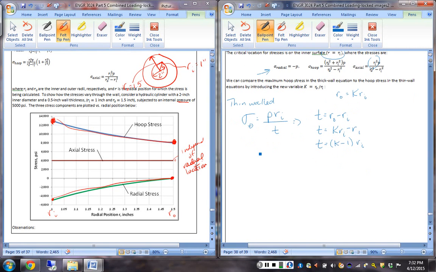Okay, taking that back into our expression for the hoop stress, we have the pressure times the inner radius over K minus 1 times the inner radius. Inner radius cancels, and we have that the hoop stress is the pressure over our factor minus 1.